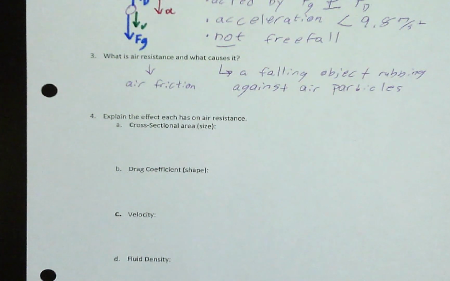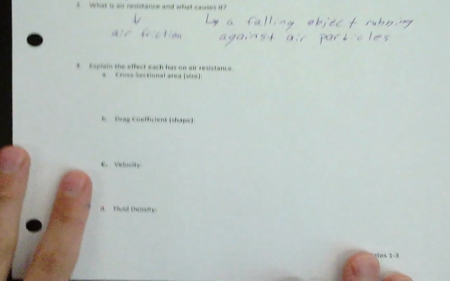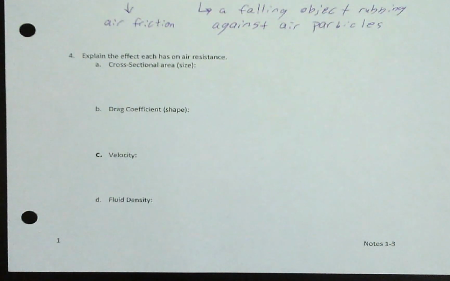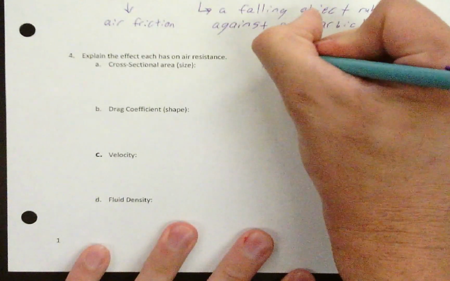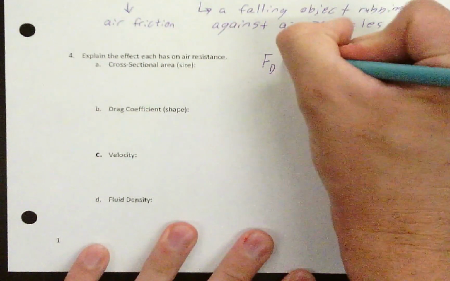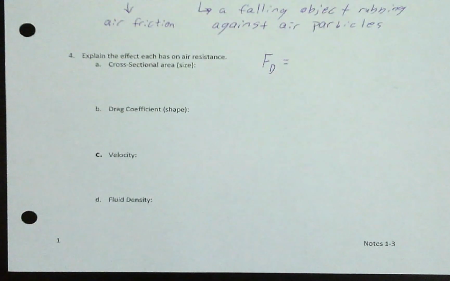So, what affects air resistance? There are 4 things. Let's start with writing the equation so we can see what each of these things are. So here's the equation for drag. Now, I've got good news. You're not going to have to solve this. I'm not going to make you solve it.